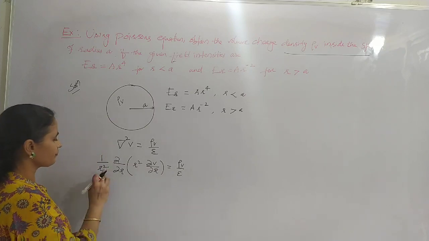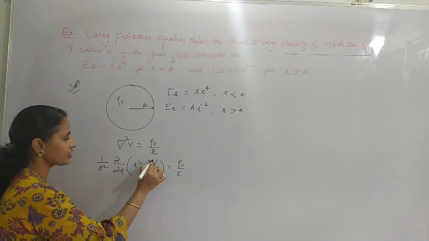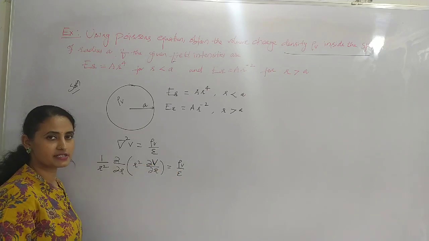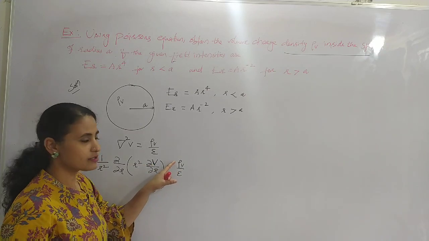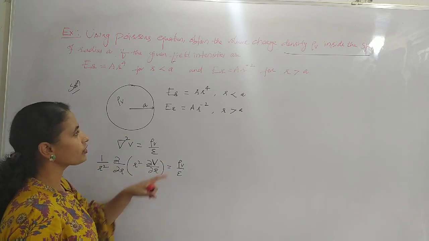Now we can take this r square to this side. What we are supposed to find is the volume charge density, rho V, for both the cases.